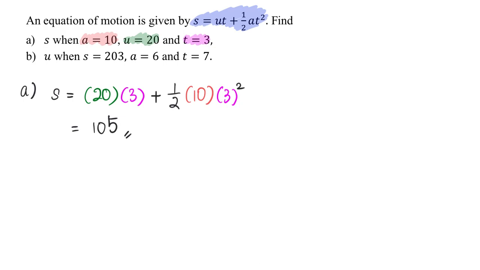Done. Part B. Find the value of U. Now they give me the value of S. Okay, S is 203, which is equal to my U. I don't know what my U is now. But my A is 6, and my T is 7.